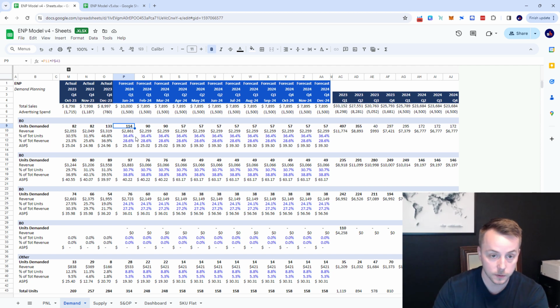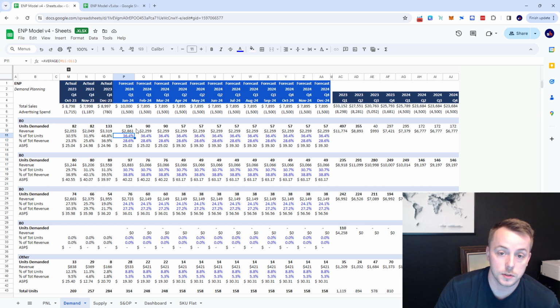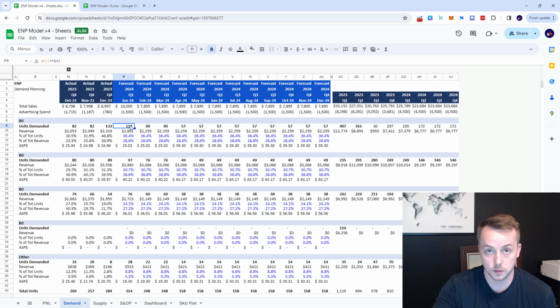So in this case, this unit historically is 36% of total sales volume typically. And so if we use that, this gives you a number of units to expect to sell that month. This will help you with planning your inventory needs and also inventory demand in the future, and it's forecasting.